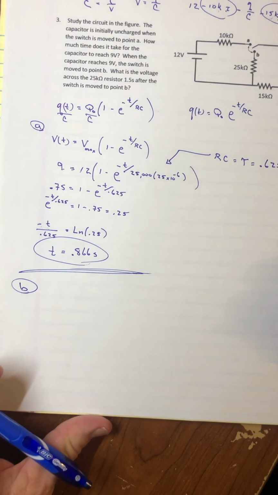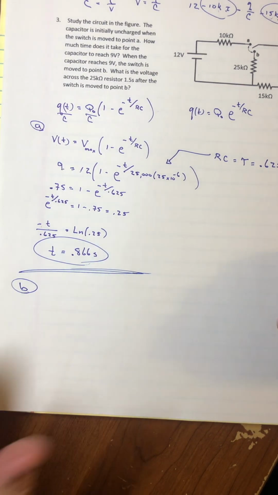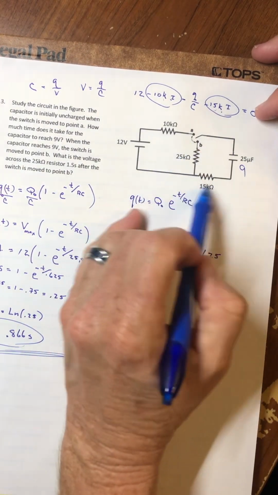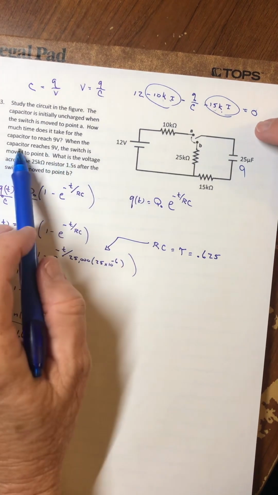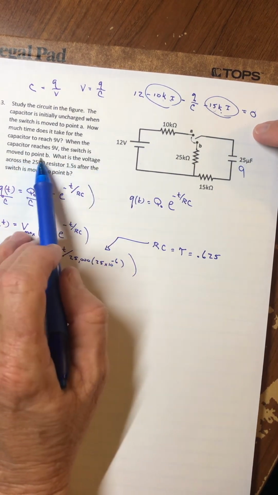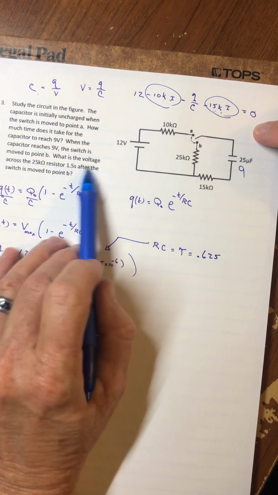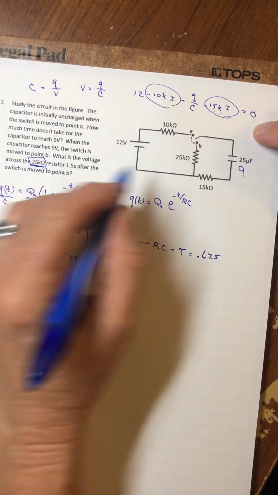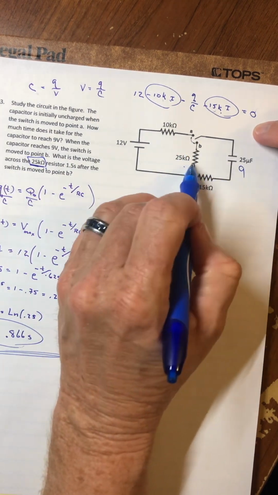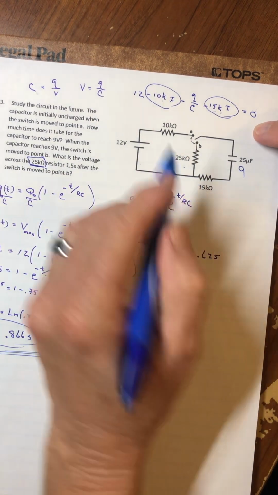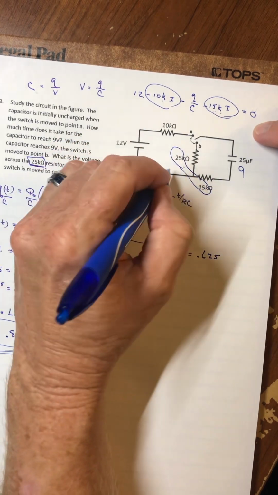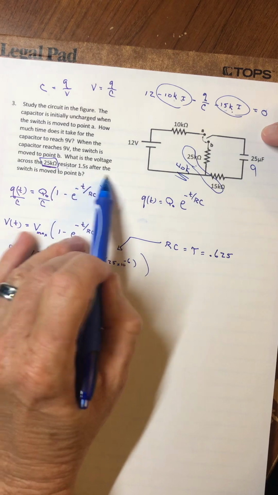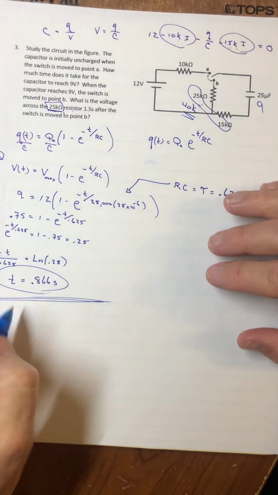Now in B, what we're going to do is throw the switch the other direction, and it's going to begin to discharge. It says, so when the capacitor reaches 9 volts, the switch is moved to point B. Well, what is the voltage across the 25K? And so now it's discharging, and it's going to go through the 25, but remember the 15 is in series with it. So this is going to be a 40K after 1.5 seconds. So we have a different decay rate.